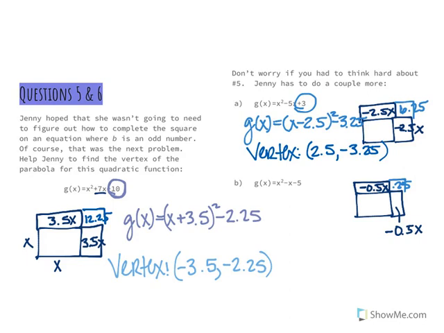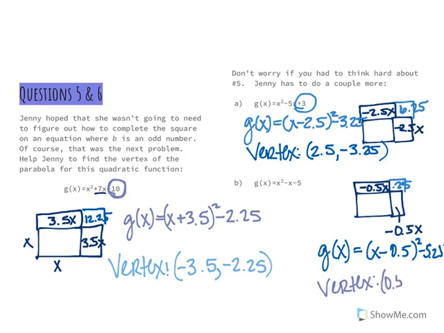So our vertex form here would be g of x equals x minus 0.5 squared. Now we have 0.25 and we need negative 0.5, so we're going to have to subtract 0.75 in this case. I'm sorry, that 5's a little rough. So our vertex here would be a positive 0.5, negative 5.25.